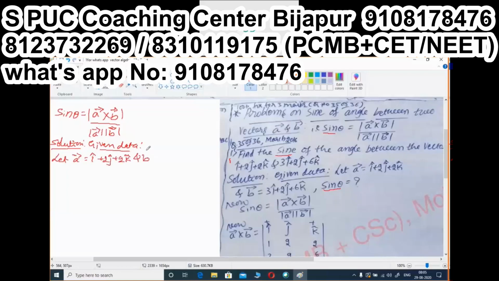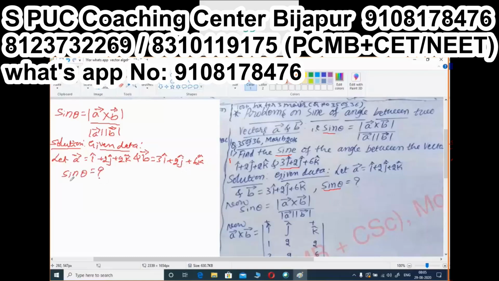And B vector is 3 i cap plus 2 j cap plus 6 k cap. If there is any disturbance, please mute yourselves. So A vector is i cap plus 2 j cap plus 2 k cap, and B vector is 3 i cap plus 2 j cap plus 6 k cap. What he has asked is the sine of the angle between those two, that is sin theta is question mark.